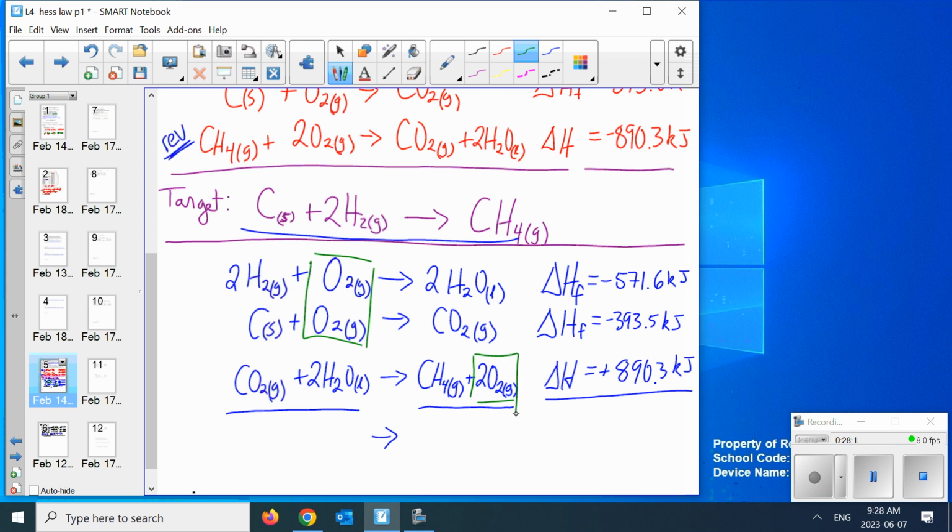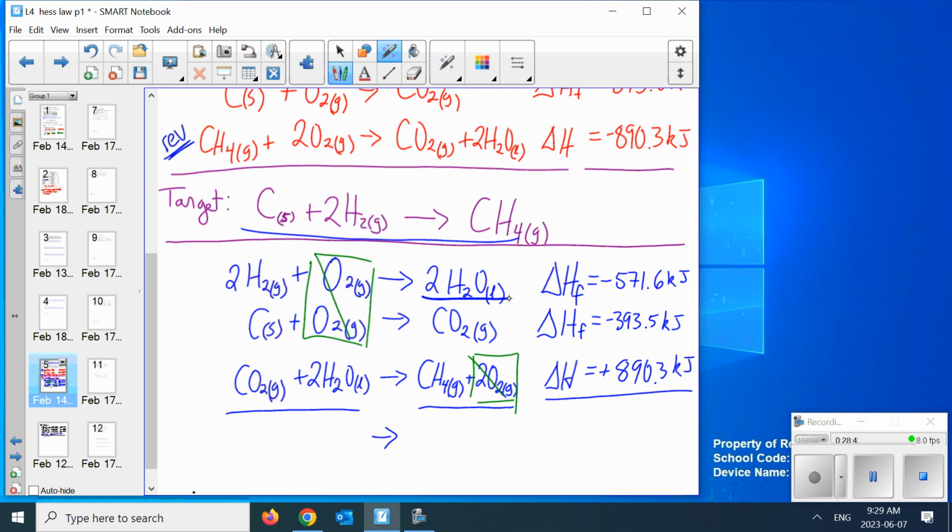In mathematics, if you have two x's on the left, two x's on the right, they cancel out, right? It's the same kind of thing here. These two oxygens and these two oxygens, oh, they cancel out. It's just like arithmetic, and that arrow is like an equal sign. Now, you guys follow that logic?